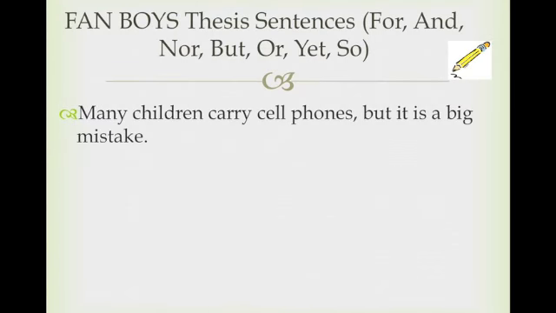Okay, moving on. Fanboys. So these are a type of sentence where you're using a comma. It's a compound sentence, and FANBOYS stands for the conjunctions for, and, nor, but, or, yet, and so. So kind of very similar to what we saw before, but you're adding in a conjunction specifically that relates to FANBOYS. So: many children carry cell phones, comma, but it is a big mistake. So there's your conjunction.